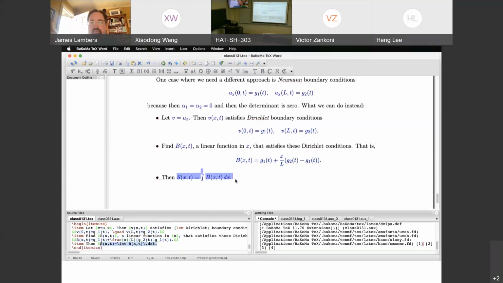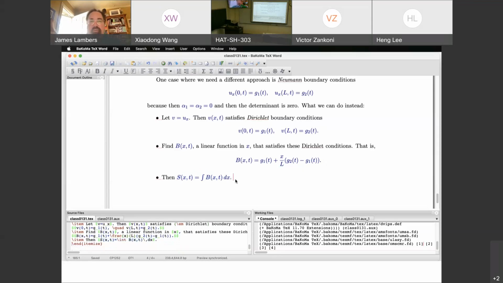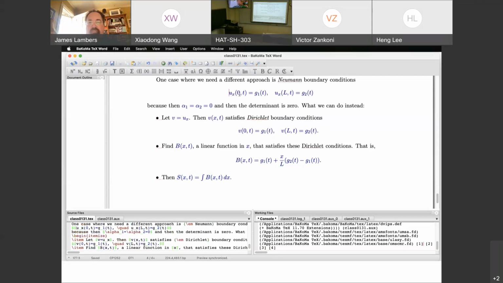So you integrate it. So when you have Neumann or type 3 boundary conditions, you can find a quadratic function of x that satisfies these. So that's what's done here. You find a linear function that handles this, integrate it to get a quadratic function, and then you're done.